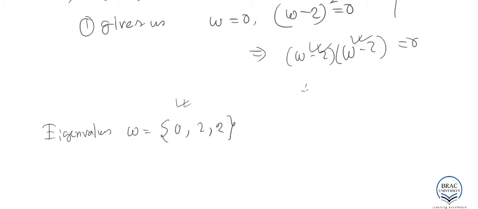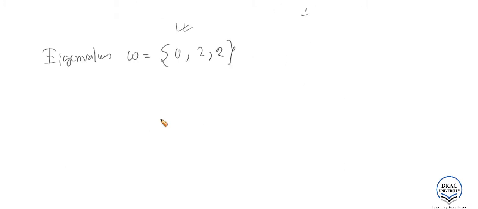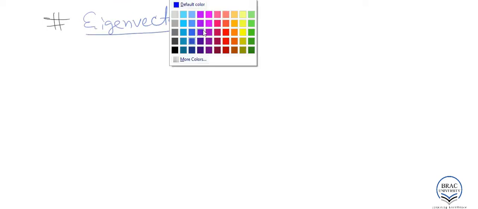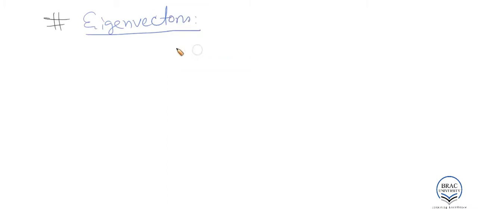Now there seems nothing wrong so far, but why we are calling it degenerate will be clear when we try to find the eigenvectors. So let's try to do that. Let me just use another color. Eigenvectors. First we will consider the case where omega is just 0.